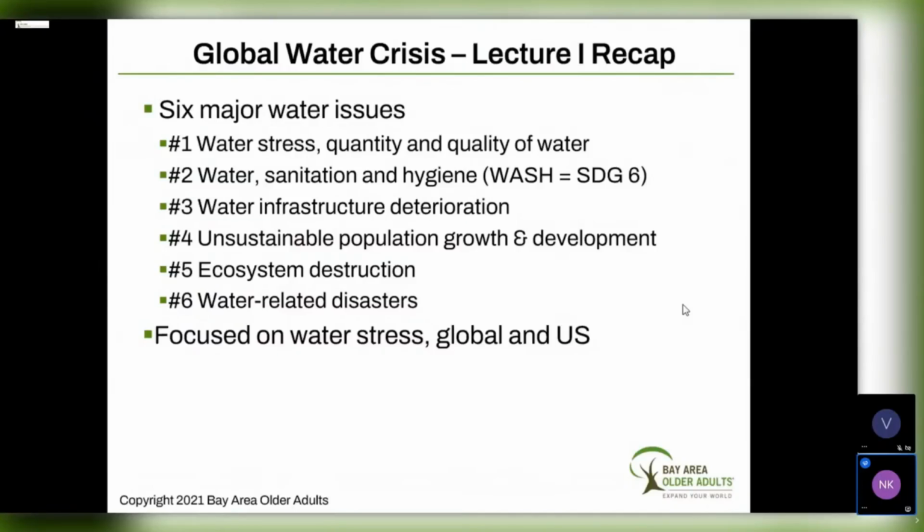Number 3, water infrastructure deterioration. Number 4, unsustainable population growth and development. 5, ecosystem destruction. And 6, water-related disasters. Then we focused on water stress, having accessible water in quantity and quality sufficient to meet the population needs.